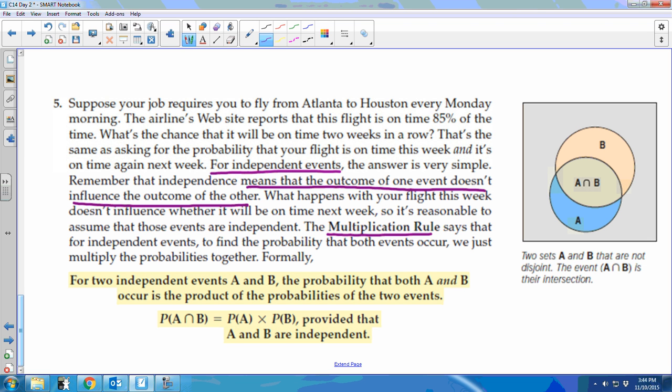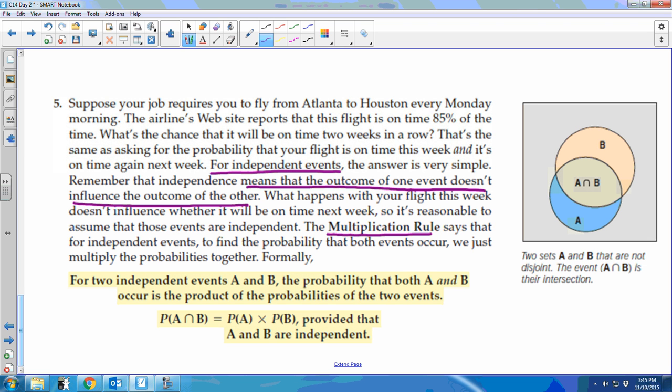For example, let's say the probability of drawing a red M&M out of a big bag of M&Ms is 20%. Then the probability of drawing two red M&Ms in a row is 20% times 20%. Okay? You're just multiplying because they're two independent events.